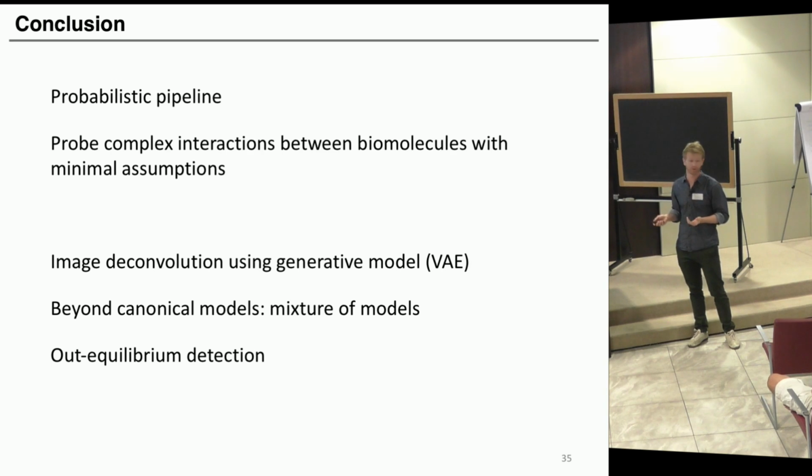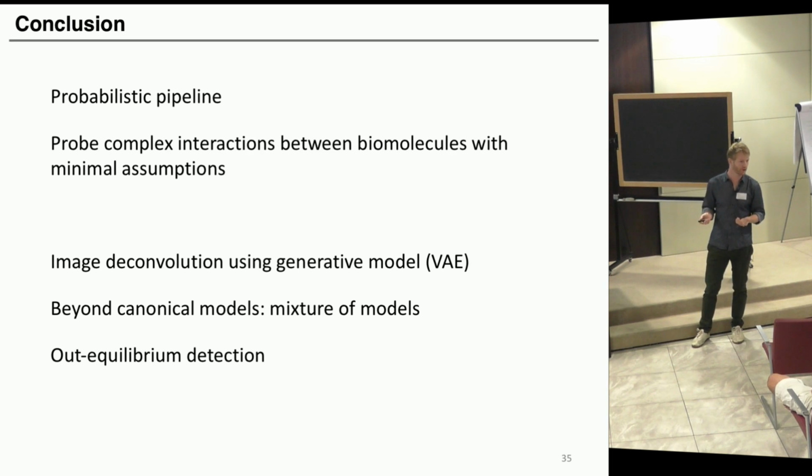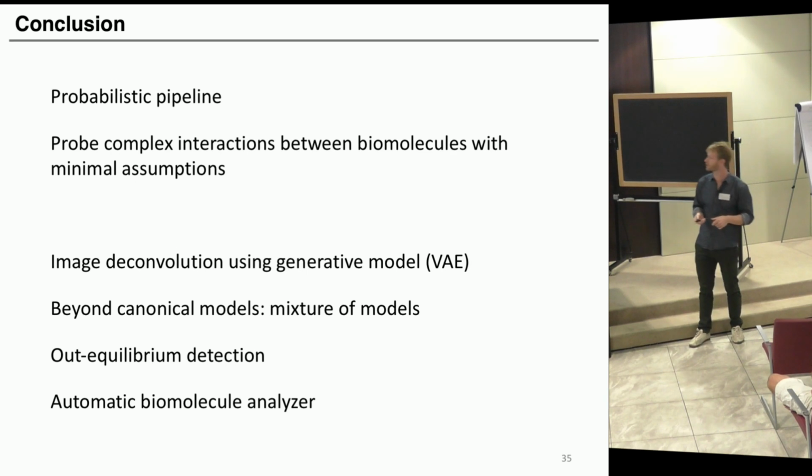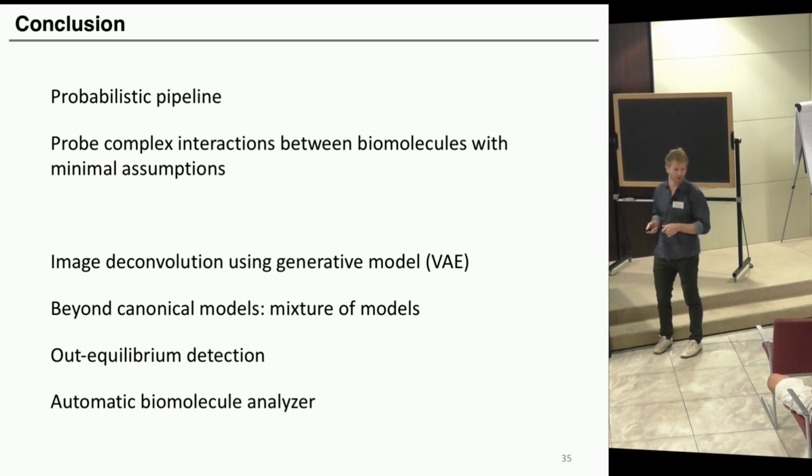It can work on nonequilibrium dynamics in these noisy trajectories, and so the goal is to get an automatic analyzer at the end, a biomolecular analyzer. Okay, that's it. Thank you.